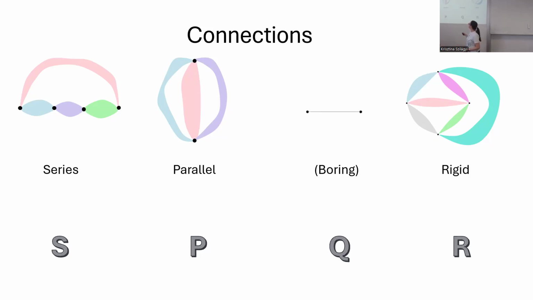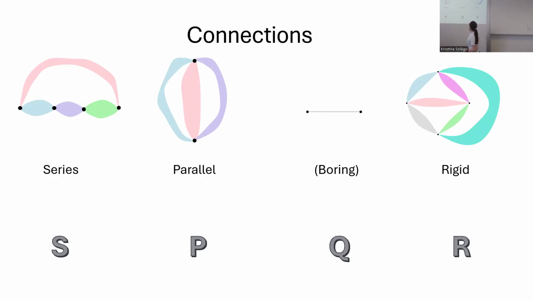One of the ways is to connect them in series. Basically, we construct a cycle where we glue together our planar graphs like this. Another way is to connect them in parallel. So we just take 2 of their vertices and connect them in parallel like this.